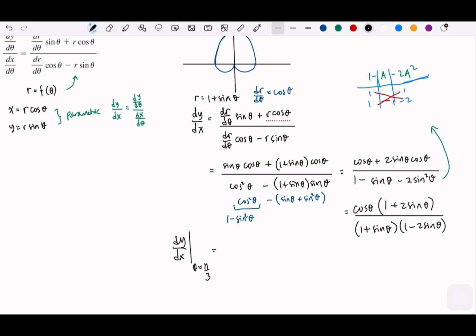Cosine pi over 3 will be half, and then 1 plus half square root of 3, so it will be square root of 3. And then 1 minus square root of 3. And then you can just calculate easily.